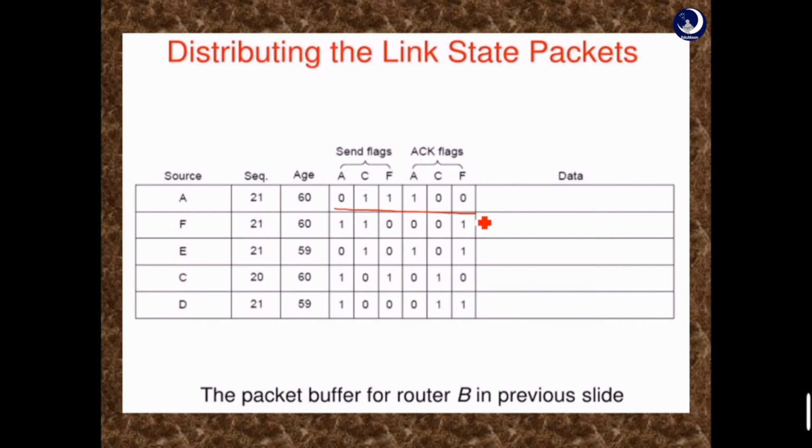The send flag, which is represented as 1, indicates that A has sent the data to C and F, and A has to receive the acknowledgement from C and F. Or in other words, we can say C and F have to give an acknowledgement to A. So A is represented as 1. In a similar way, for all nodes, the send flag and the acknowledgement will be mentioned. If it's sending, then it's represented as 1. If not, it's represented as 0.